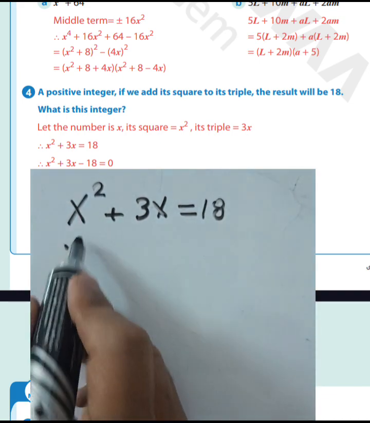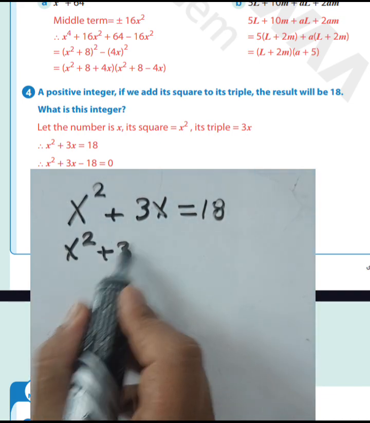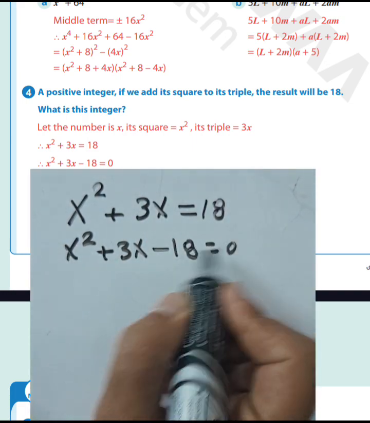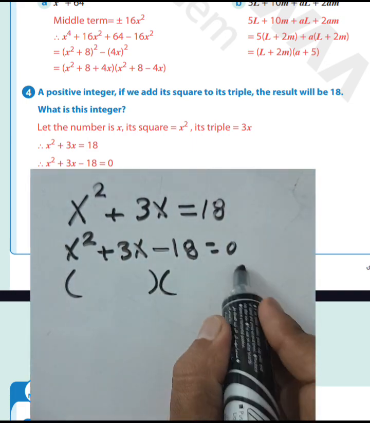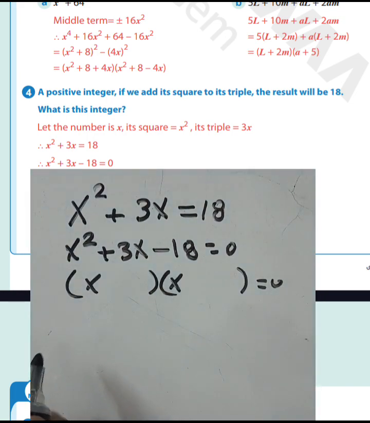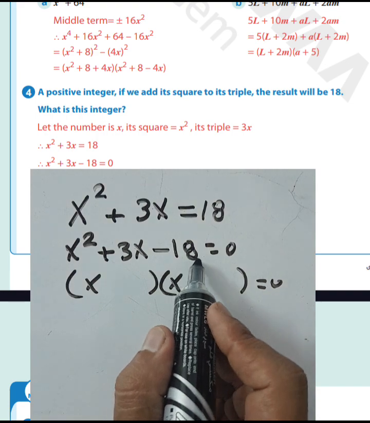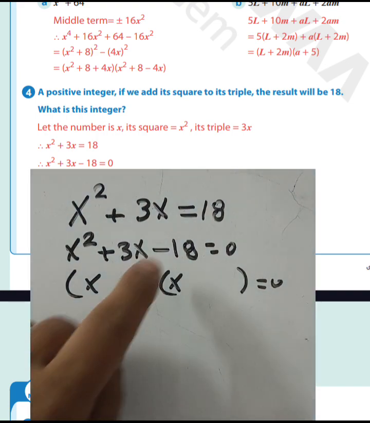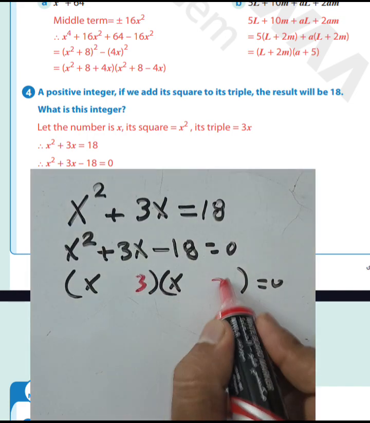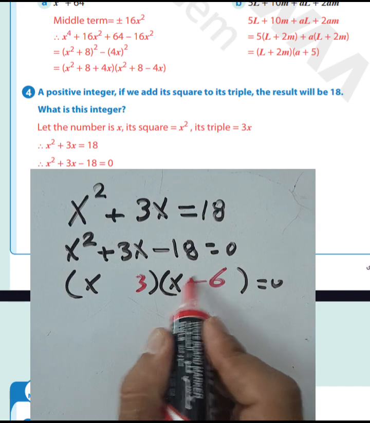You can factorize the expression by writing this term first and second and moving 18 to the left-hand side by changing the sign, and then factorizing. x power 2 equals x times x, and we want two numbers whose product equals 18, and if we find the difference between them it will be 3. It will be 3 times 6. 3 times 6 equals 18, and the difference between them equals 3, right, positive here and the negative.